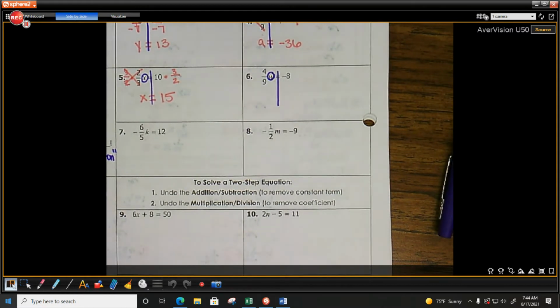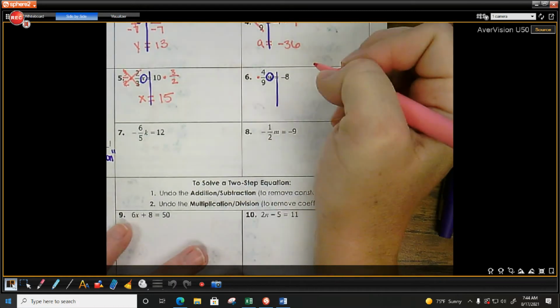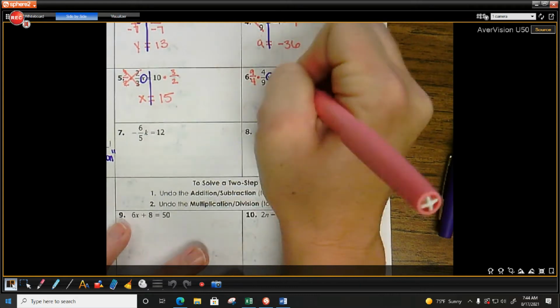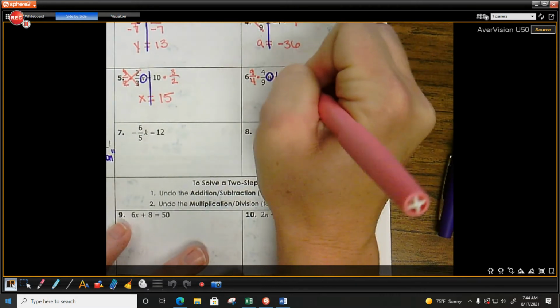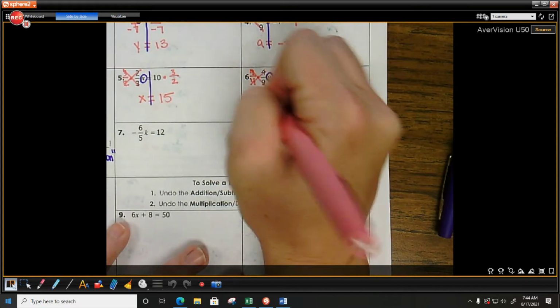But we don't know how to divide with fractions, so we have to multiply by the reciprocal. So I'm going to write times what? 9/4 on both sides.